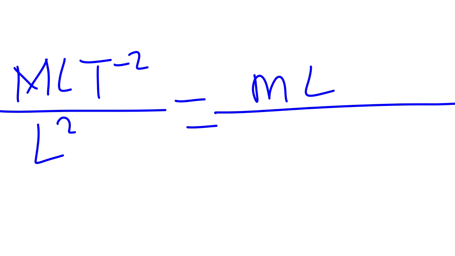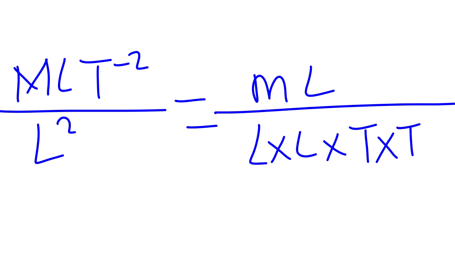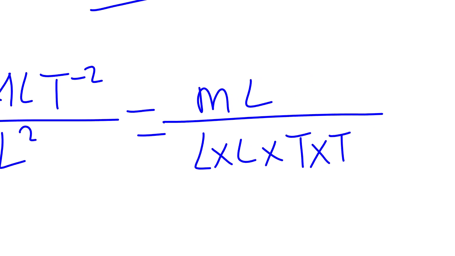This t raised to the power of minus 2 is negative, which means it is originally in the denominator. So let's put it down. We have L times L, because I want to do cancellation. That's why I'm putting the full form of the index form of L times L, then times t, because this minus t is a denominator, but when you take it to the denominator side, it will not become minus again.